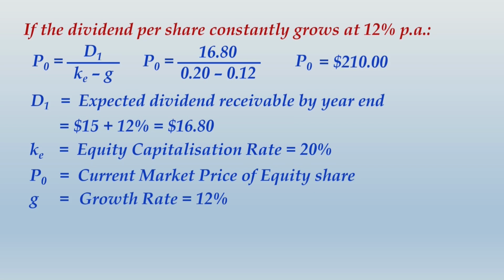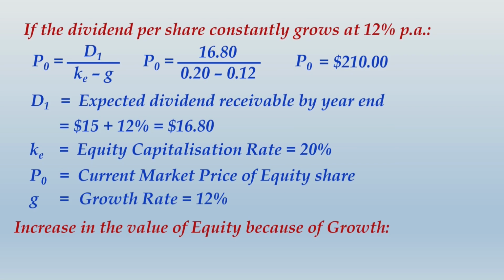So did you notice the P0 value earlier was $75? Now it is $210. So what is the increase in value because of growth? It is the difference between these two values, and that comes to $135. This is basically the impact of growth rate on share value. So please write up this whole thing and then I take you ahead.